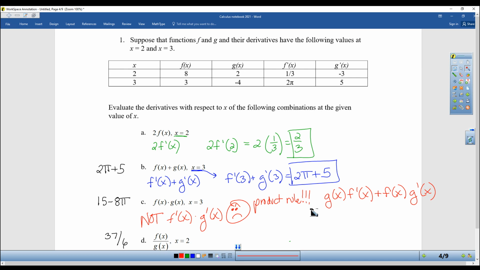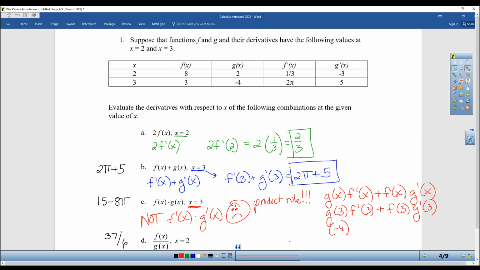They want to know this derivative at 3. So I'm going to plug a 3 in there. Some of you are skipping that first step and plugging the 3 in right away, and that's fine too. I have to look at my chart now. I'm only going to use the row with the 3, but g of 3 is -4.